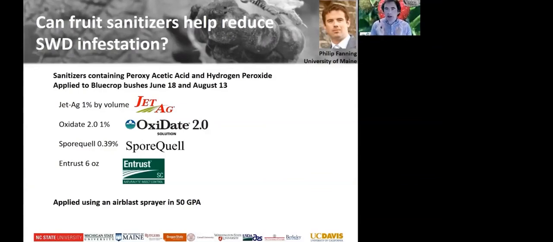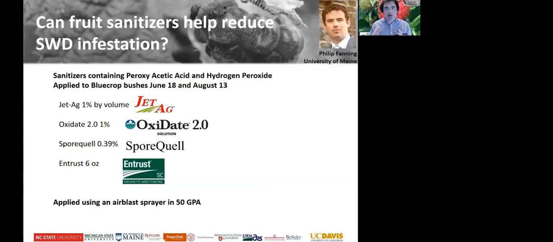We were testing crop sanitizers because, as I said, we know that yeast is really important for spotted-wing Drosophila in terms of their development, they're attracted to it, and their survival. So in the field, we wanted to look at these crop sanitizers to see how they would impact control of spotted-wing Drosophila. There are a number of different products: JetAg, Oxidate, Sporatec.